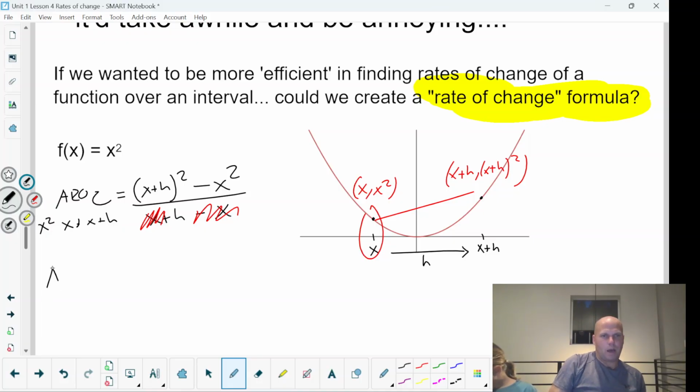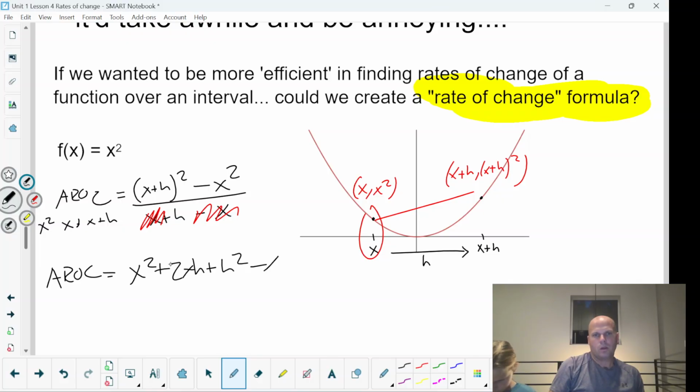But I feel like I could do better, so I'm going to go ahead and distribute some stuff and simplify. Because I know that x plus h squared is x squared plus 2xh plus h squared. And then what I realize is these x squareds will go away, which is very interesting. I realize that both of these terms have an h that can be factored out.